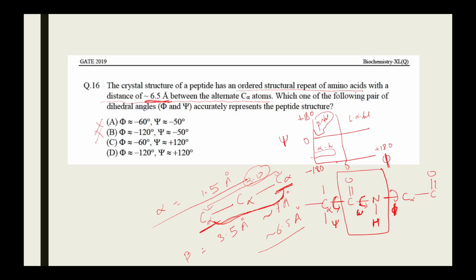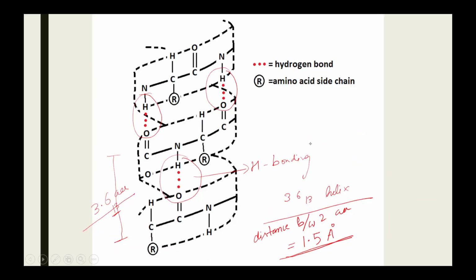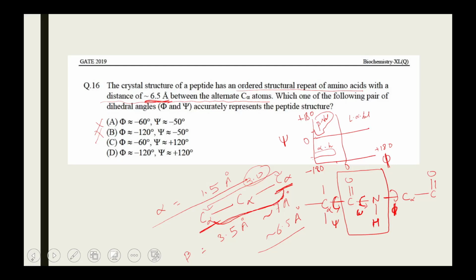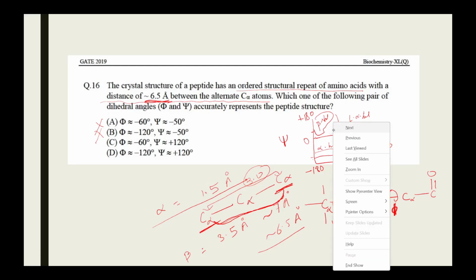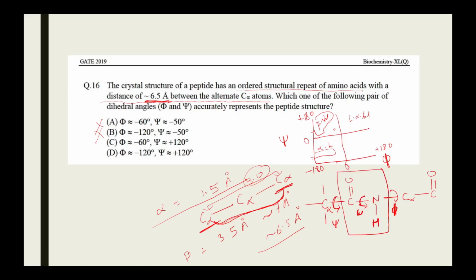Minus 60 for phi means somewhere here, and plus 120 for psi is somewhere here. In this area, no movement would be allowed. So this option is also wrong.